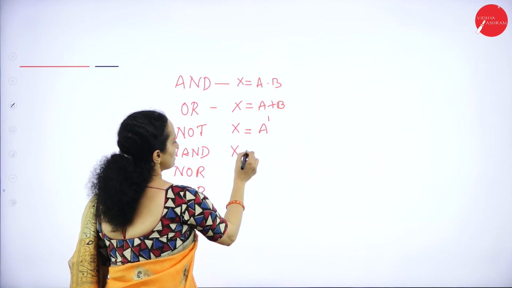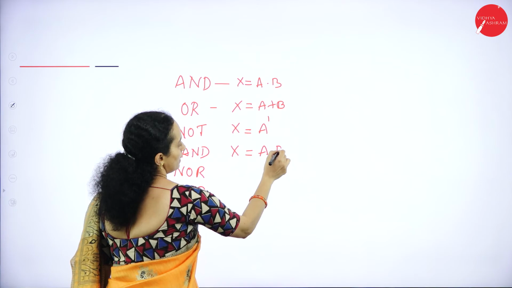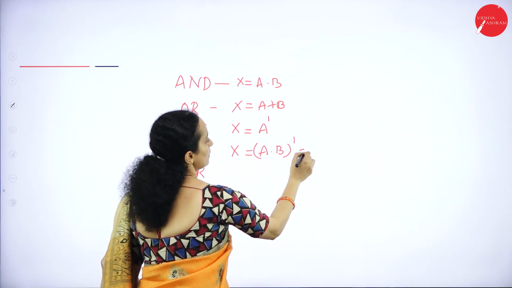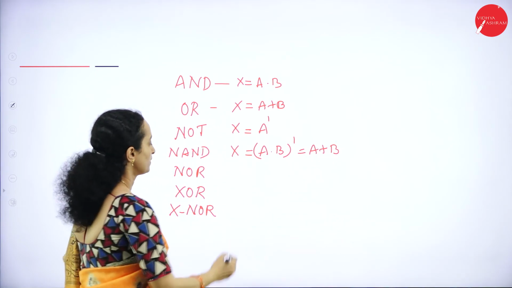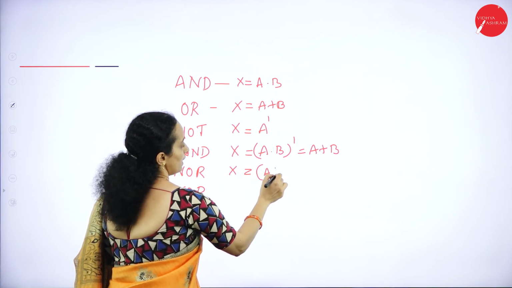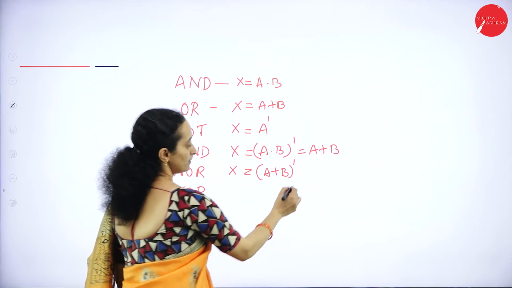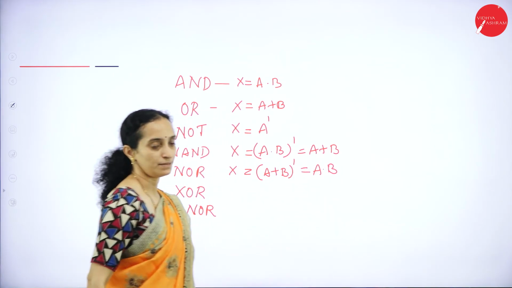NAND can be represented like this, A into B whole dash. It will become A dash plus B dash. Then we have NOR, that is A plus B complement, which becomes A dash into B dash.